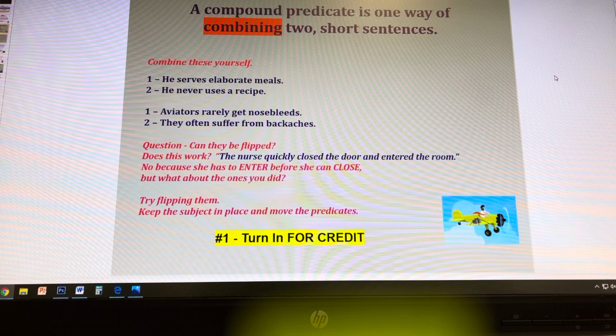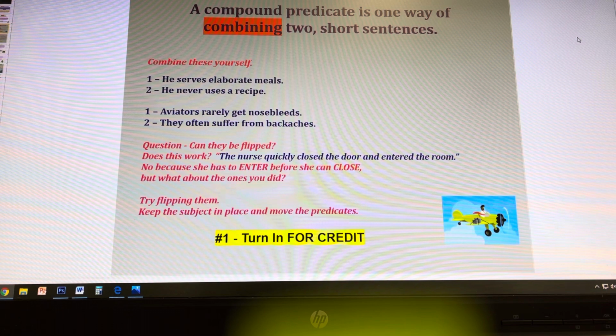Combine these yourself and turn them in for credit. Notice what your subject is and have the subject do two things. What I would also like for you to do is write down whether or not they can be flipped.